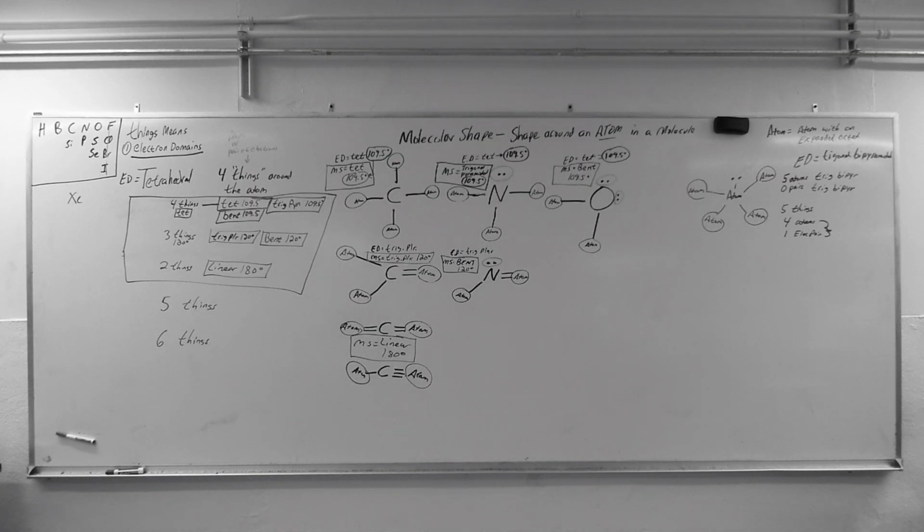But if one of those is a pair of electrons and we ignore it, we call this seesaw. Believe it or not, that's actually the official name for this. So it is still a trigonal bipyramidal. But if one of the equatorial positions is missing, we go seesaw. This is called seesaw.